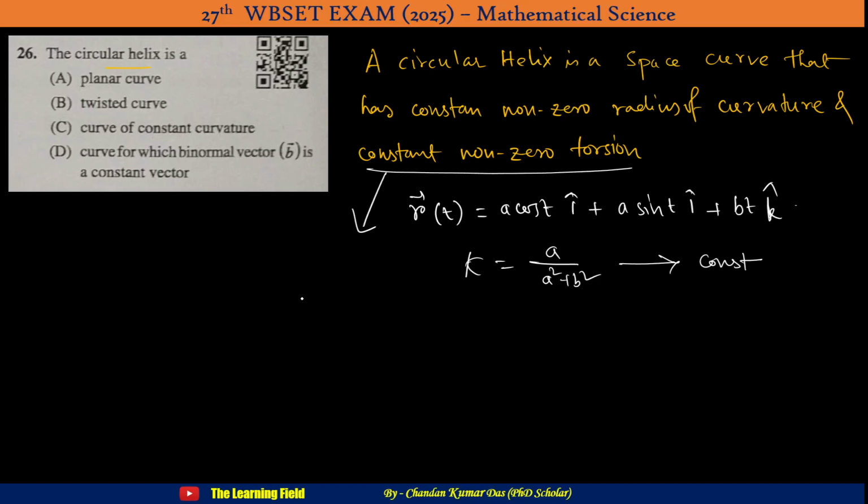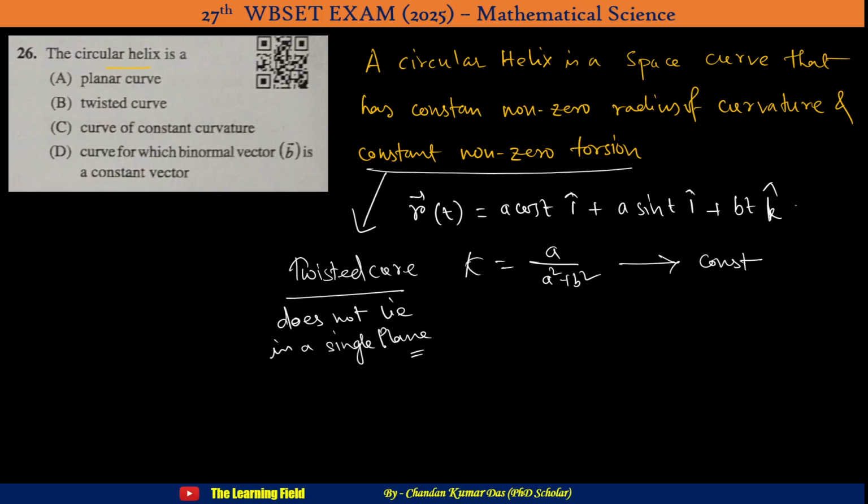This means actually this represents a twisted curve. Twisted curve, which means this circular helix does not lie in a single plane. Fine. So that means this is not a planar curve.